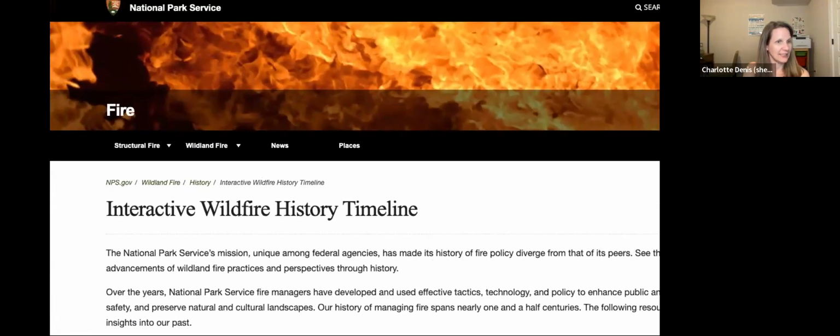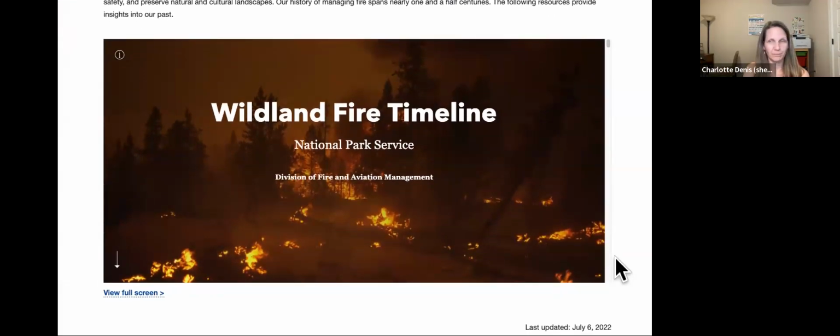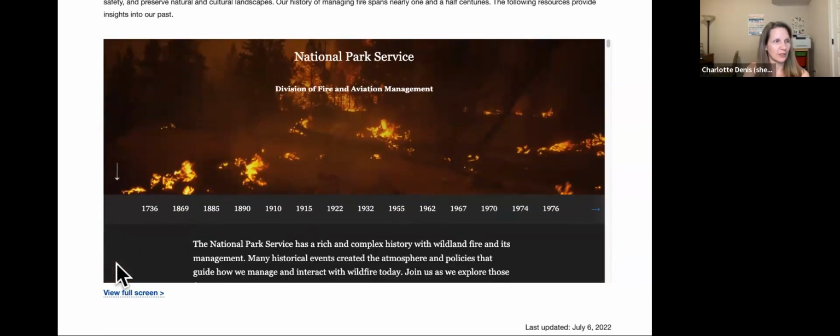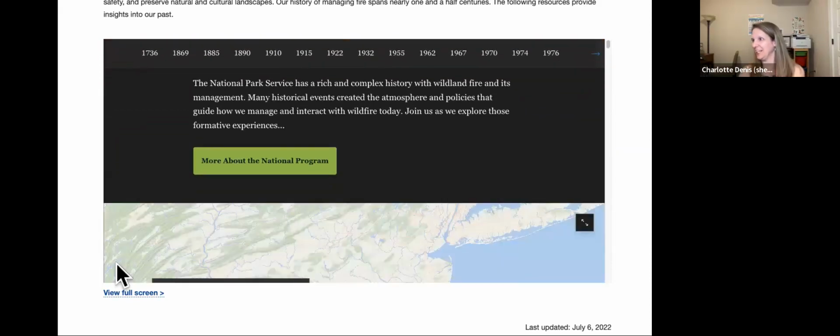And this is actually a wildfire management timeline. When we first did this in the COVID year, this timeline was available online. And then you may remember that Flash died in the middle of the year.